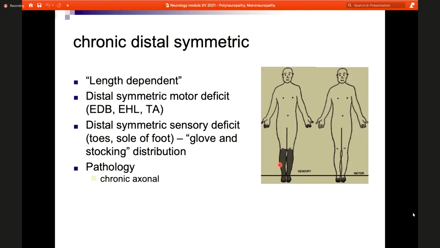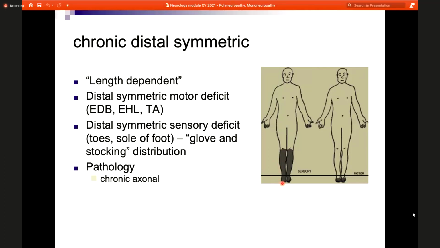And that produces the sensory symptoms spreading proximally and the motor symptoms and signs spreading proximally. So when it spreads proximally, the muscles in the foreleg below the knee will become weak. So tibialis anterior can become weak, which produces foot drop. And then the calf muscles can become weak, and they will have difficulty standing on their toes.